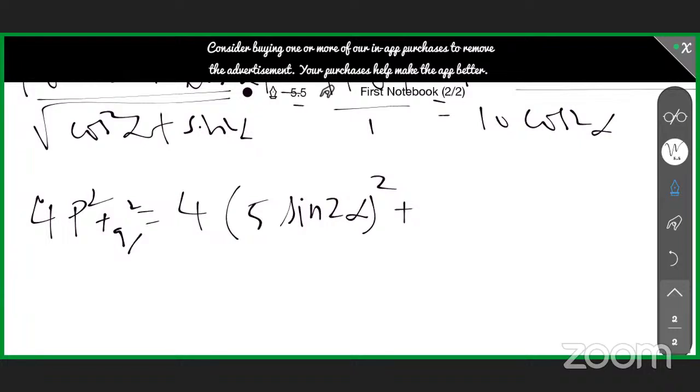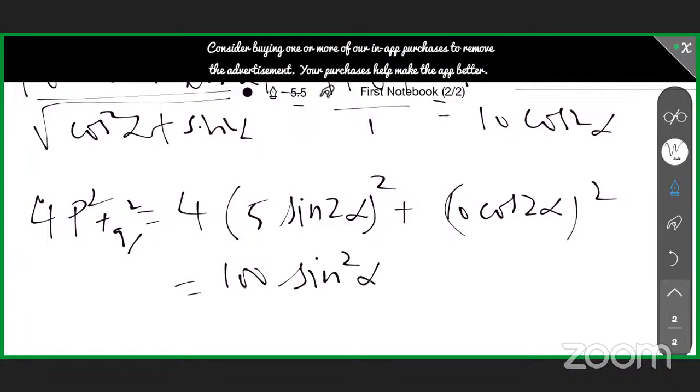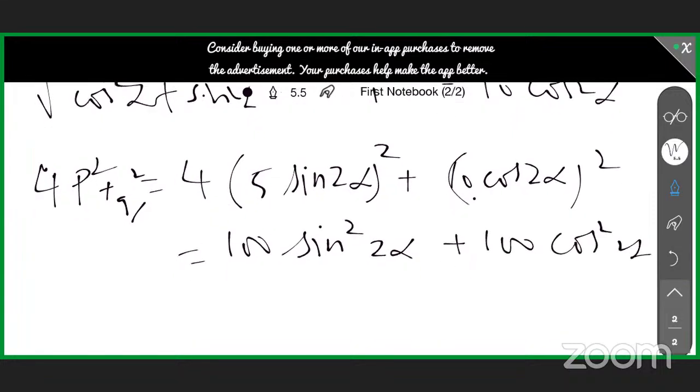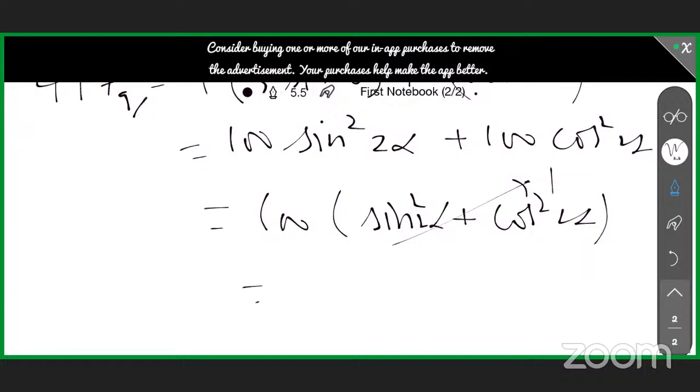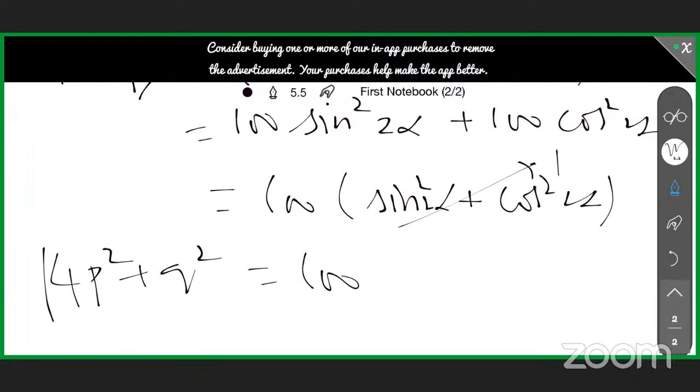Q square is equal to 10 cos 2 alpha whole square, that is 5 square is 25, 25 into 4 is 100 sin square 2 alpha plus 10 square is 100 cos square 2 alpha. If you take 100 common, sin square 2 alpha plus cos square 2 alpha gives me 1, that is equal to 100. What is the value of 4p square plus q square? 4p square plus q square is equal to 100.